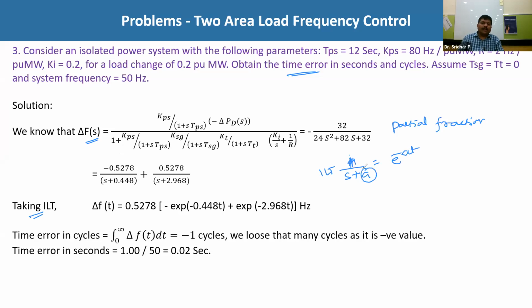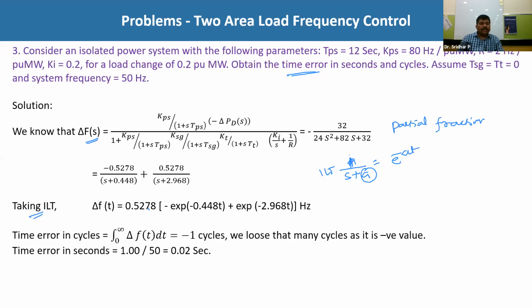So this constant times of t: this is the constant 0.5278. Anyhow, the constants are the same in the numerators. This value is minus exponential of e power minus 0.448 t. Similarly, for the second one, exponential of minus 2.968 t.